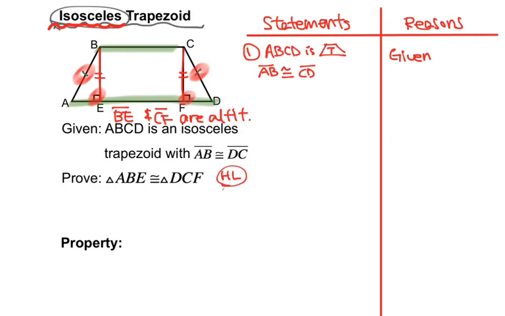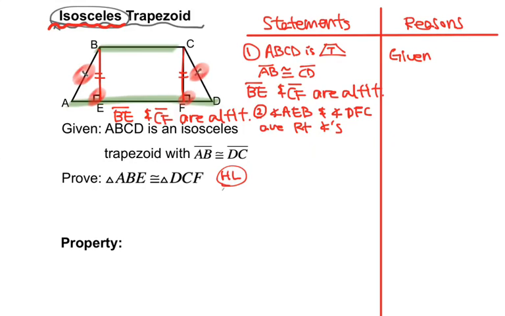So what I'm going to do is write that as a part of the givens. All right, then let us move on here to angle AEB and angle DFC are right angles.